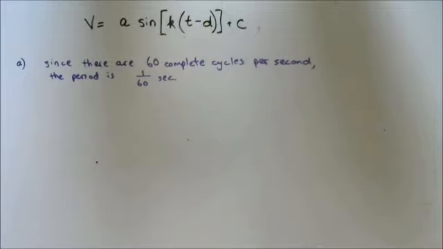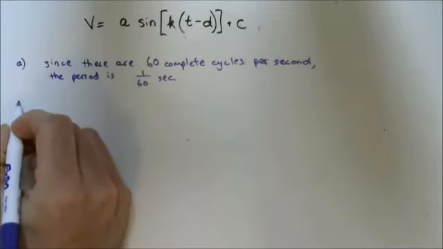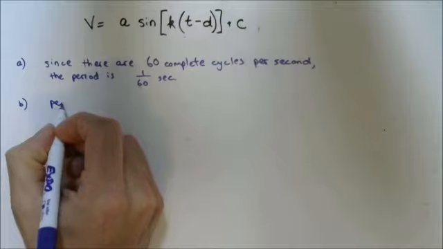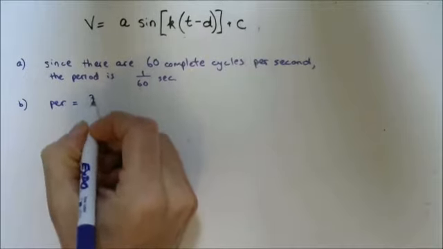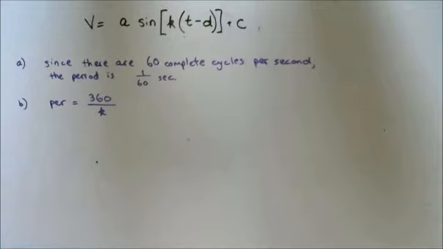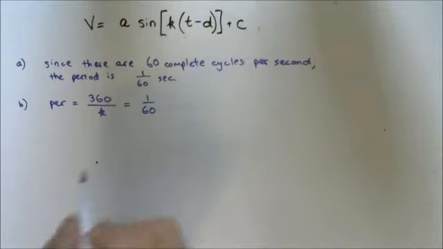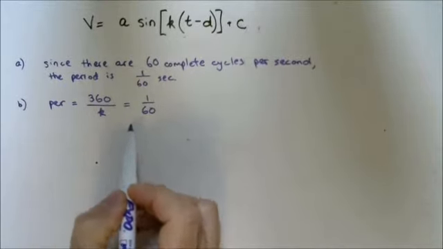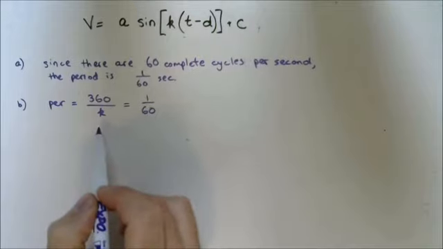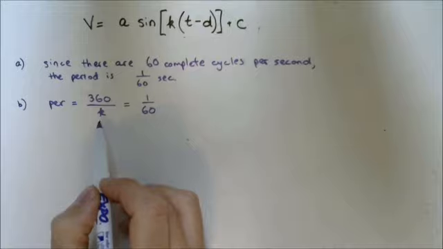B, determine the value of K. Well, we're going to use the same strategy. The relationship here is that the period length is 360 over K. But we know that the period length is 1/60th. So now we have a proportion set up where we can calculate that K is basically going to be 60 times 360.